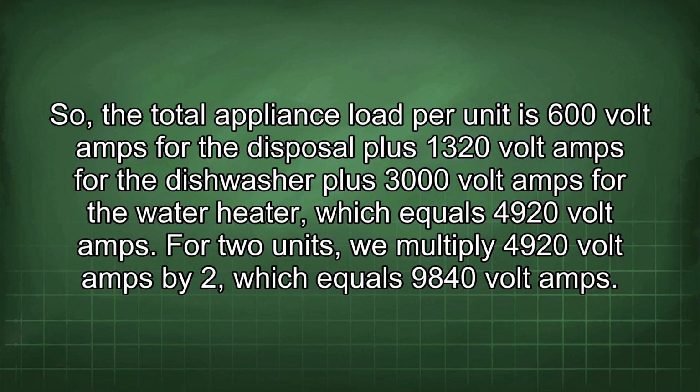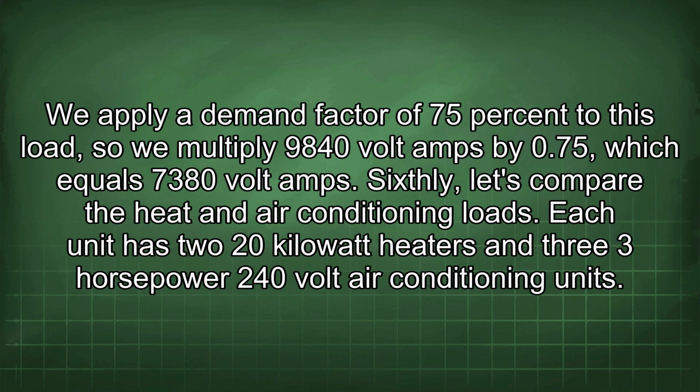For 2 units, we multiply 4,920 volt amps by 2, which equals 9,840 volt amps. We apply a demand factor of 75% to this load, so we multiply 9,840 volt amps by 0.75, which equals 7,380 volt amps.